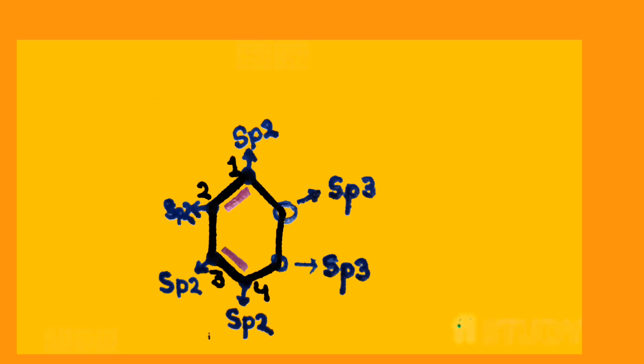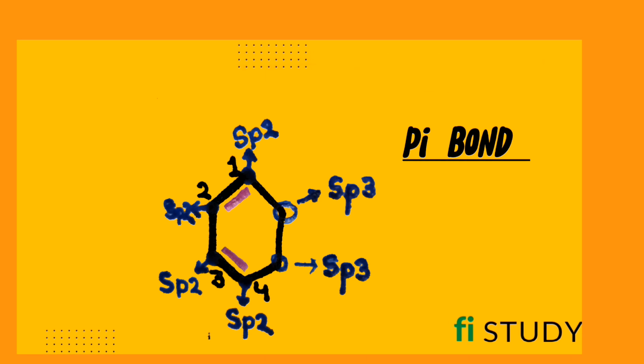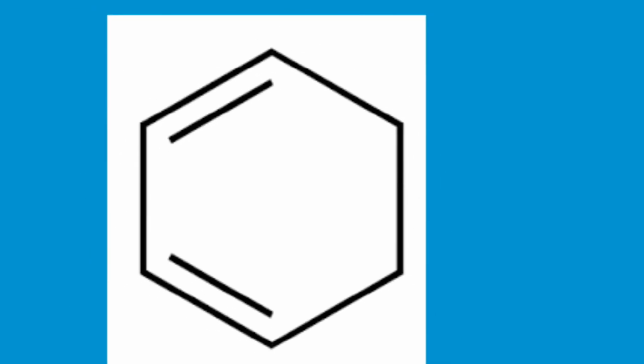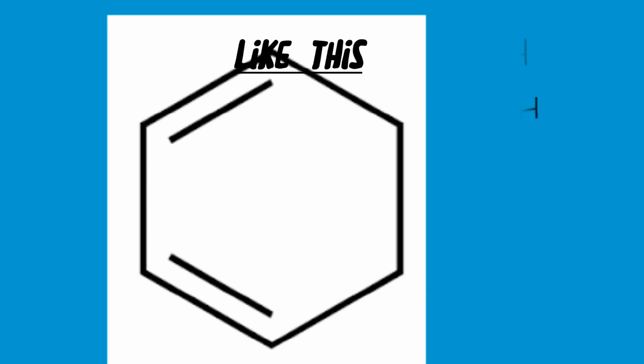Even though it is cyclic and also has pi bonds, these pi bonds cannot resonate around the entire ring because of the presence of 2 sp3 hybridized carbons. Always remember, you cannot resonate on an sp3 carbon atom because it already has 4 bonds, so there is no chance to accept electrons.